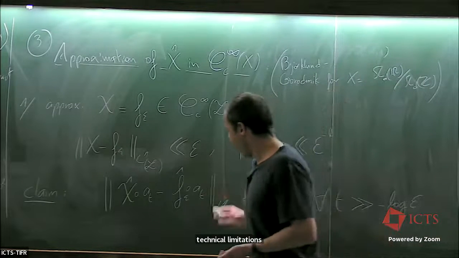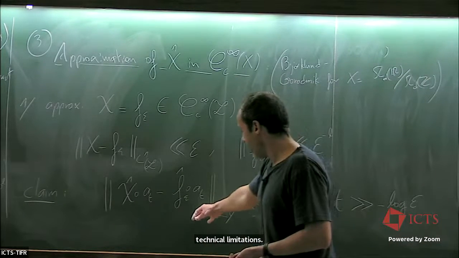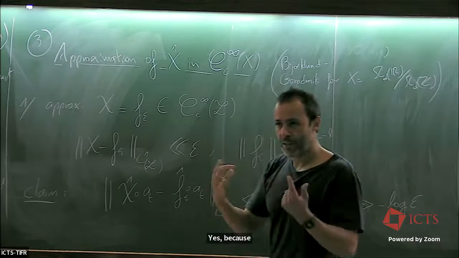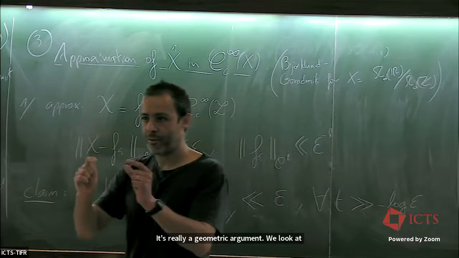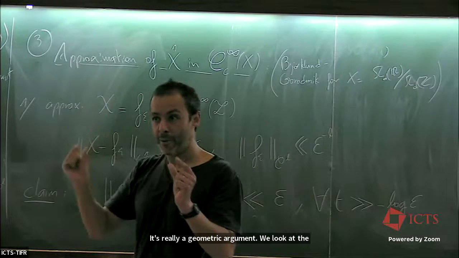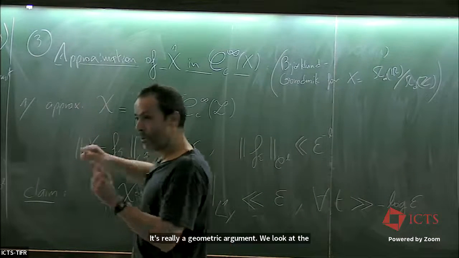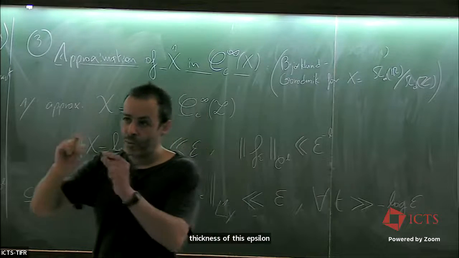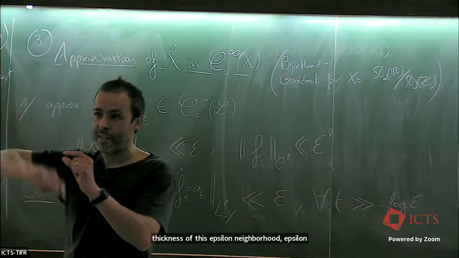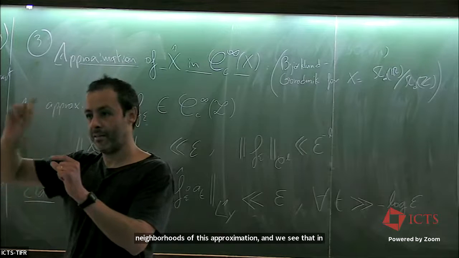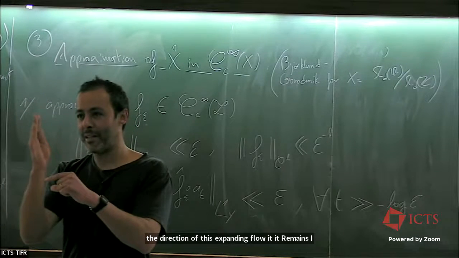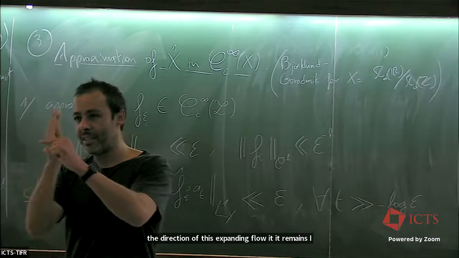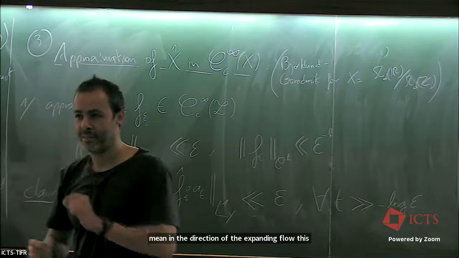Because how we show this, it's really a geometric argument. We look at the thickness of this epsilon neighborhood of this approximation, and we see that in the direction of the expanding flow, this epsilon neighborhood has the good width.